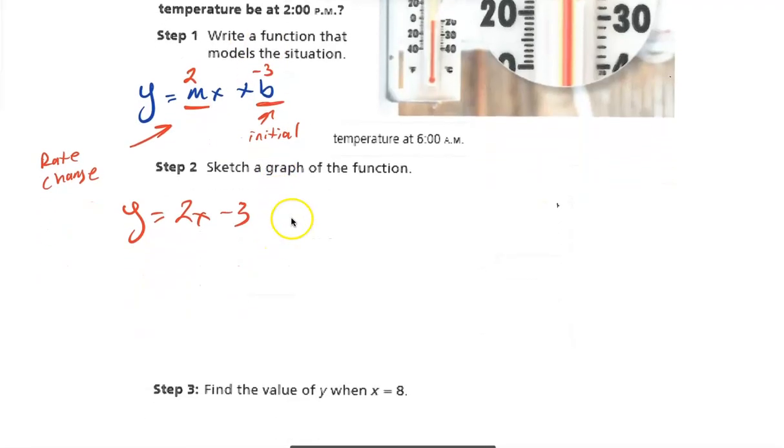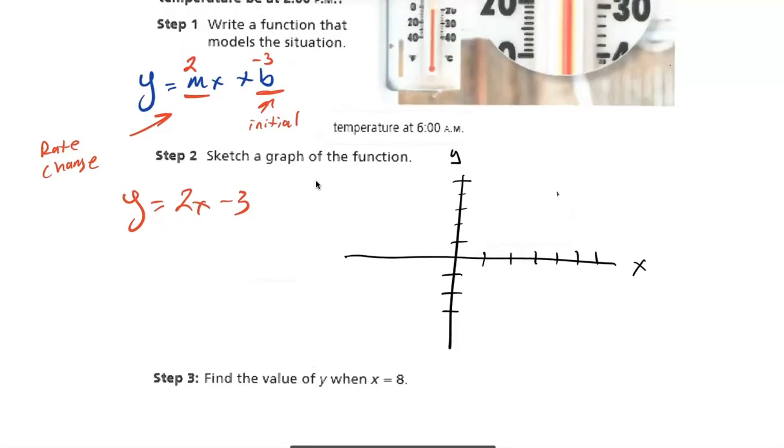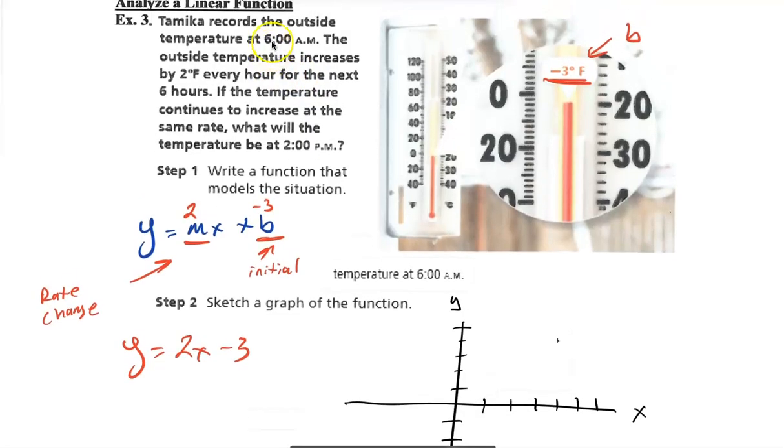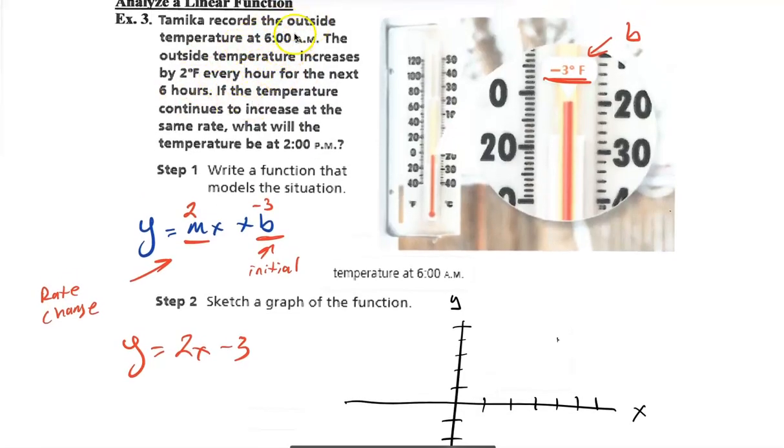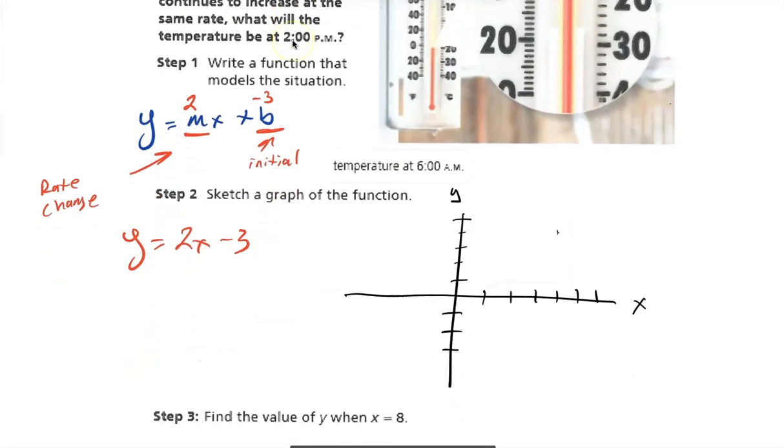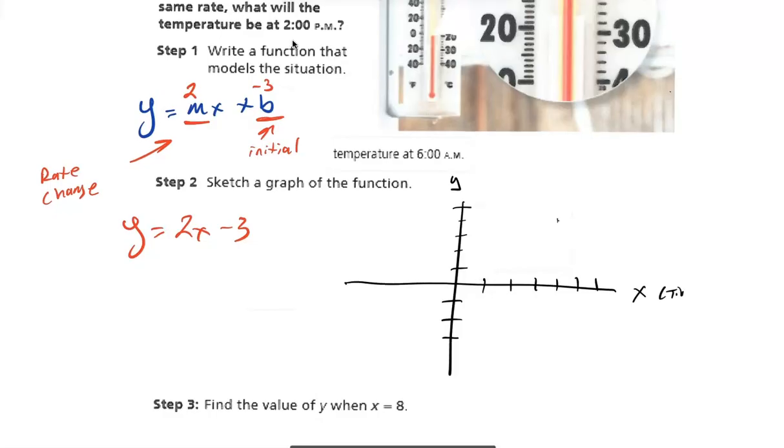Now, if they want us to sketch a graph, which the next one says, we make a little table. So x and our y. In this case, x is time, 6 a.m. So this is time. This is degrees Fahrenheit, so this is my temperature. And we're going to start at -3, my y-intercept.